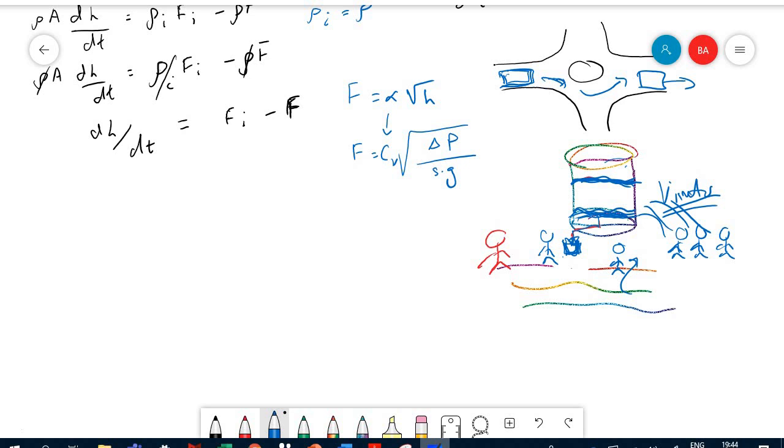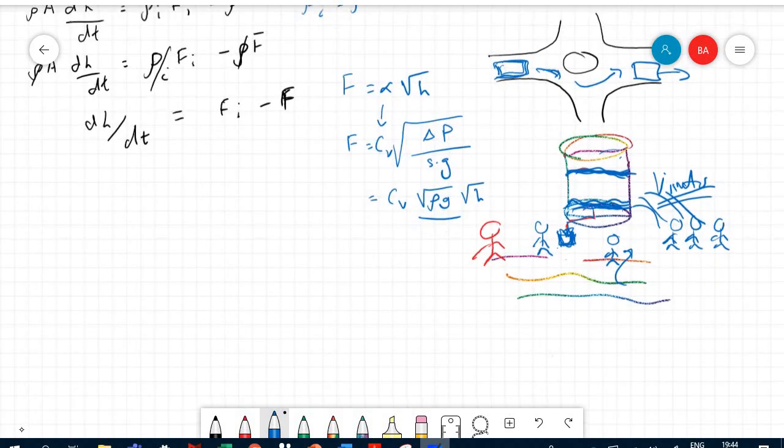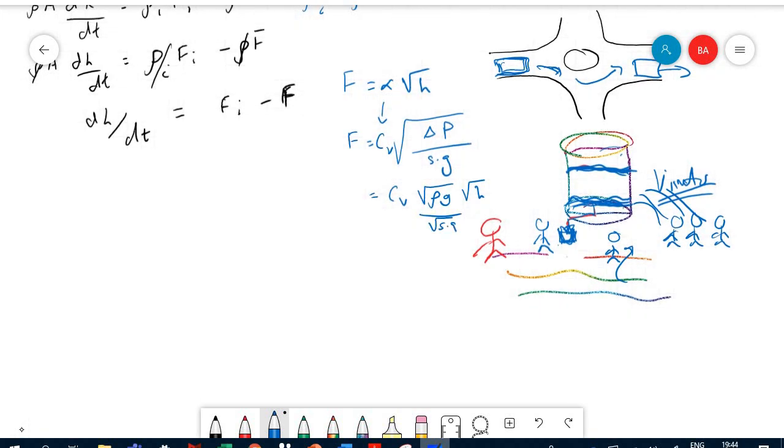And if you look at these terms here, we know that delta P is equal to rho g h. So this is equal to Cv into square root of rho g into square root of h over square root of specific gravity. And all these terms, you consider them as alpha. So that will be like alpha square root of h. Beautiful. So this is what we have.